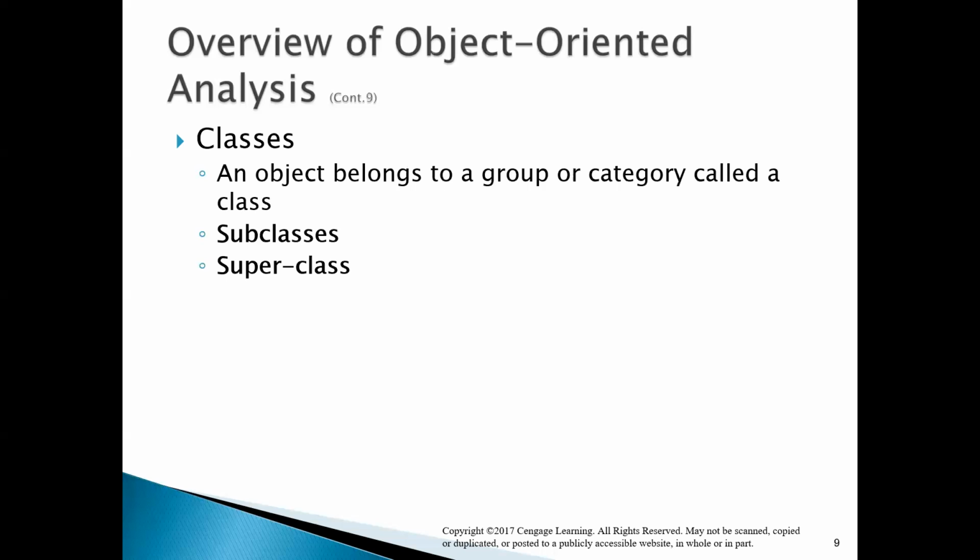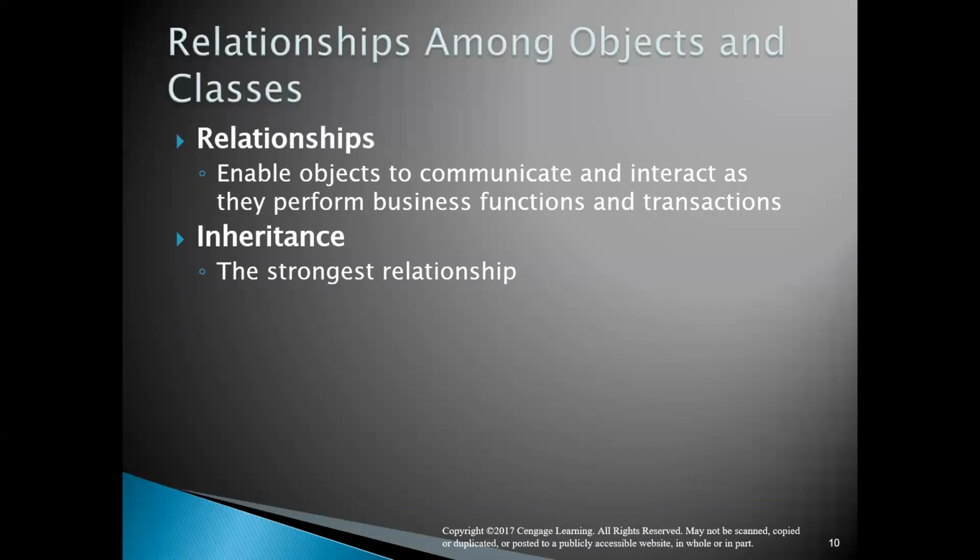An object belongs to a group or category called a class. All objects within a class share common attributes and methods. There are two types of classes. We have subclasses and superclasses. Subclasses basically are categories within a class. Superclasses are a class belonging to a general category.